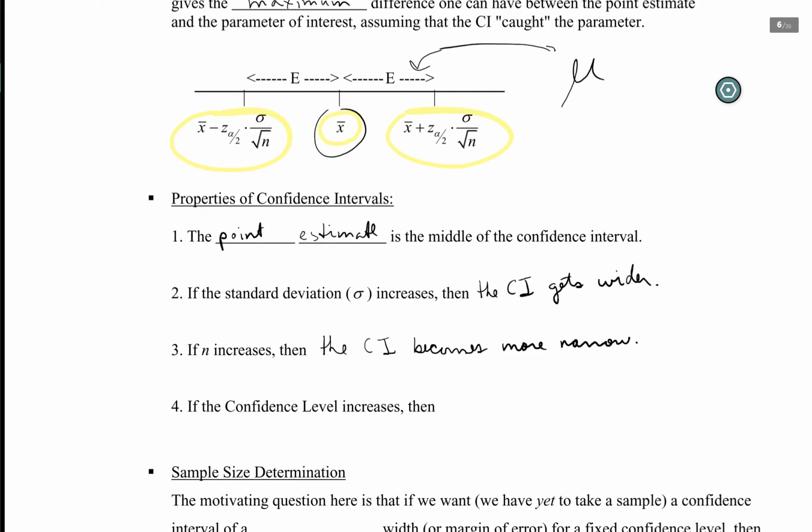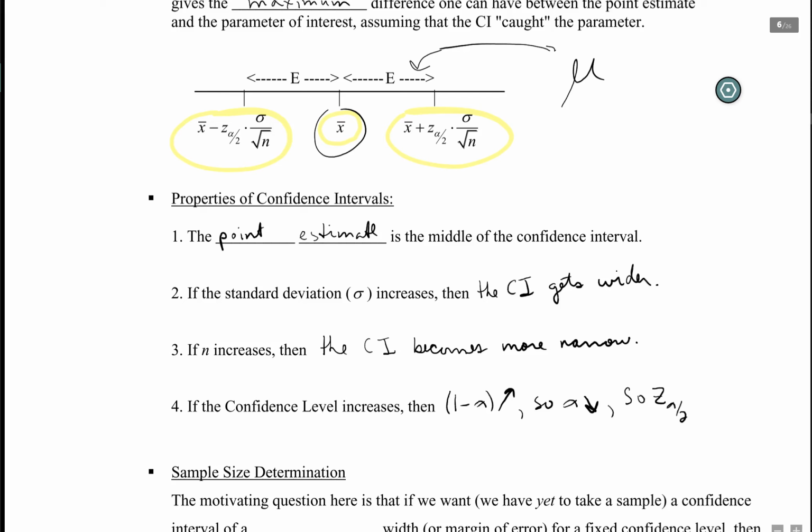Lastly, if the confidence level increases, that is, 1 minus alpha increases, then alpha is decreasing. And if alpha is decreasing, what happens to z sub alpha over 2?